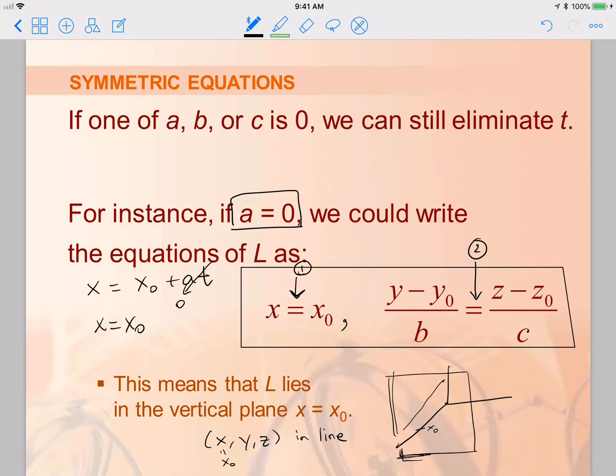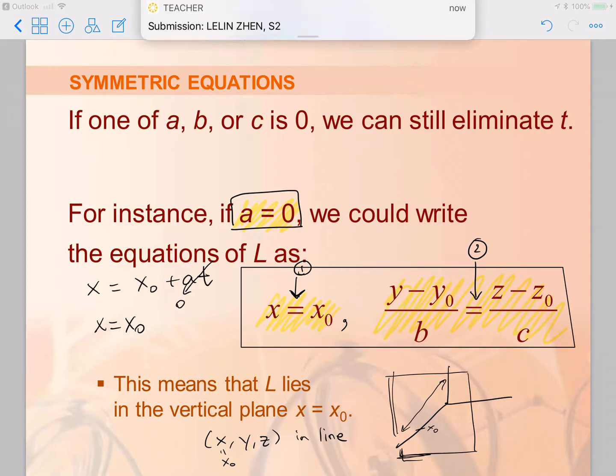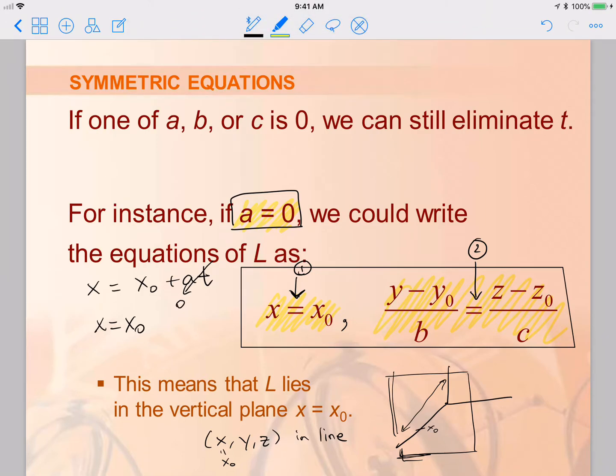So our line can't stick out like that, because this would mean that you've got some x values that are not equal to x naught, right? So if a is equal to 0, then these are our symmetric equations, and since we have x equal to x naught, our line lies in the vertical plane x equals x naught.